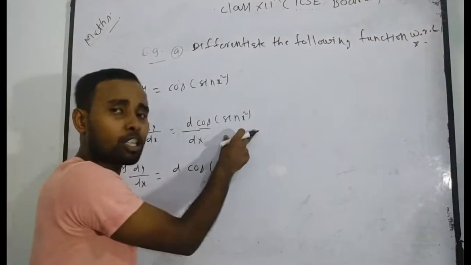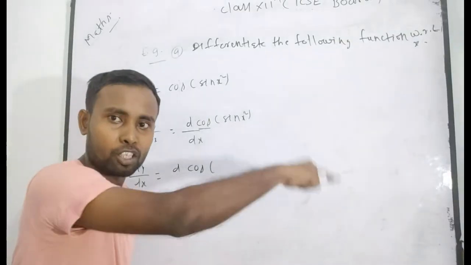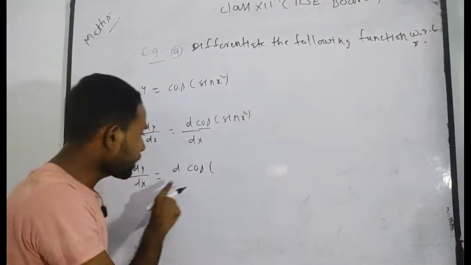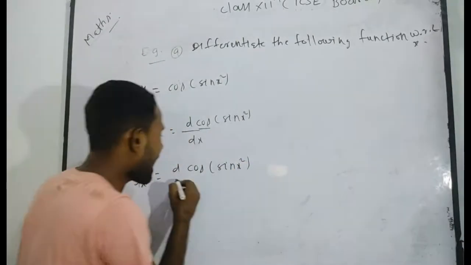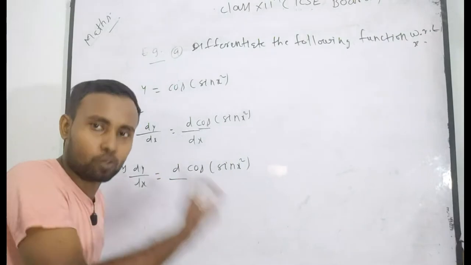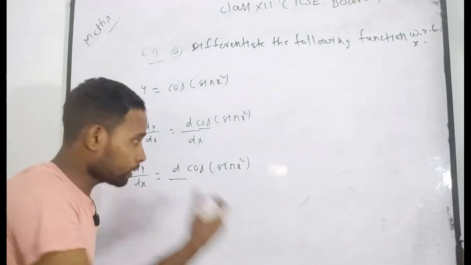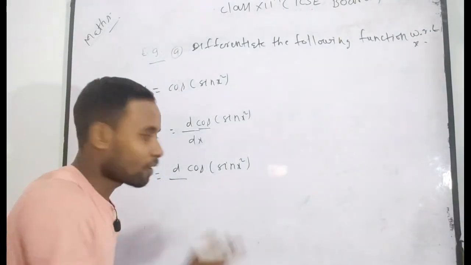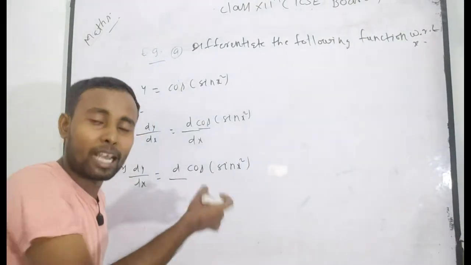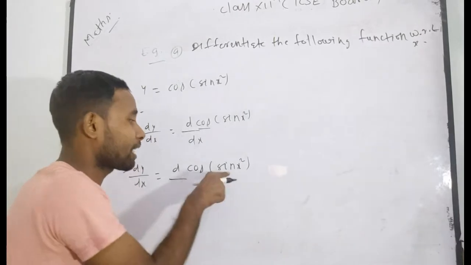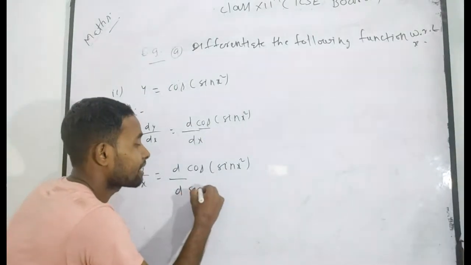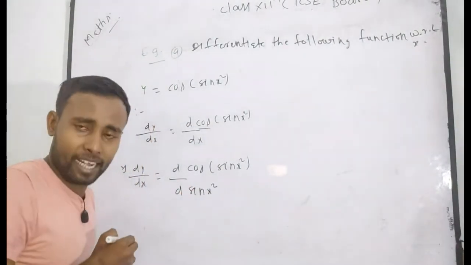In that case, it becomes cos theta, and cos theta is differentiated with respect to only theta. So the derivative of cos sin x square is with respect to only which function? Cos theta. In place of theta comes here sin x square. So you need to take here firstly theta, where theta is sin x square.